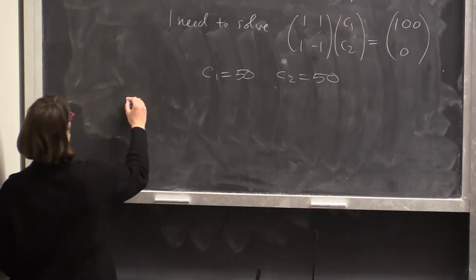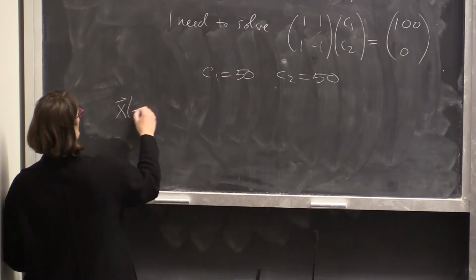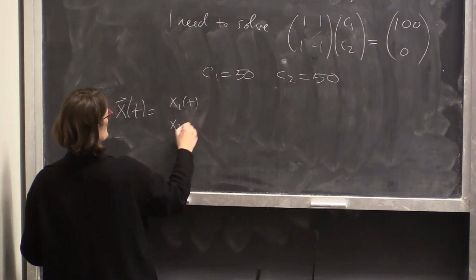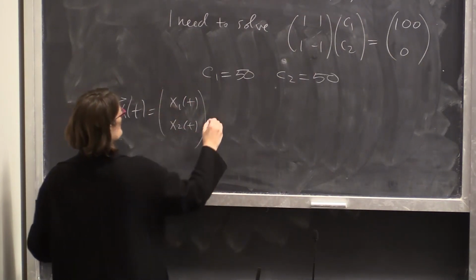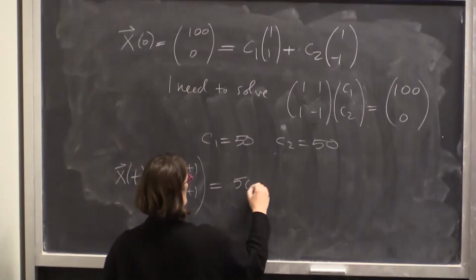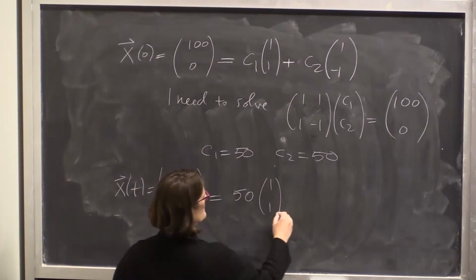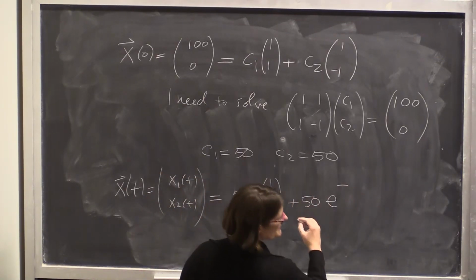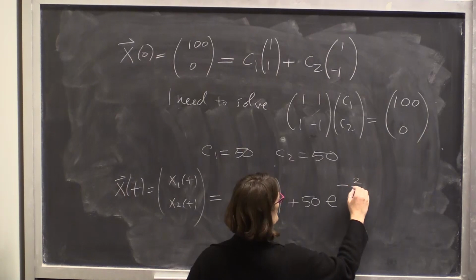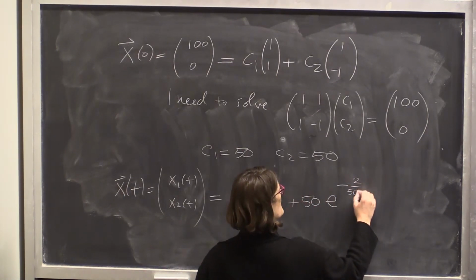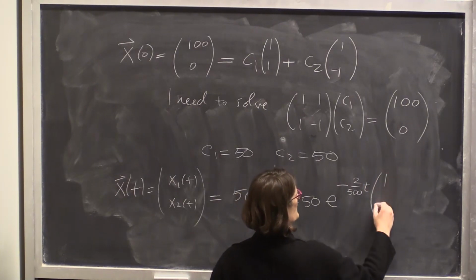So my solution, x of t, which is x1 of t, x2 of t, is equal to 50 times (1, 1) plus 50 e to the minus 2 over 500 t times (1, minus 1).